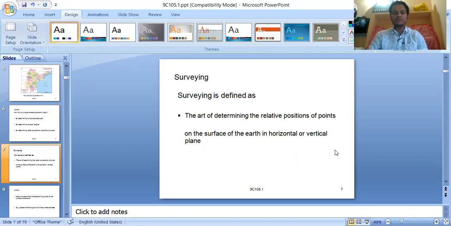It is defined as art of determining relative positions of points on the surface of Earth in horizontal or vertical plane. So the relative positions may be horizontal distances or vertical distances or angles, anything. So we will find the relative position of a point on the surface of a Earth. So this comes under surveying.